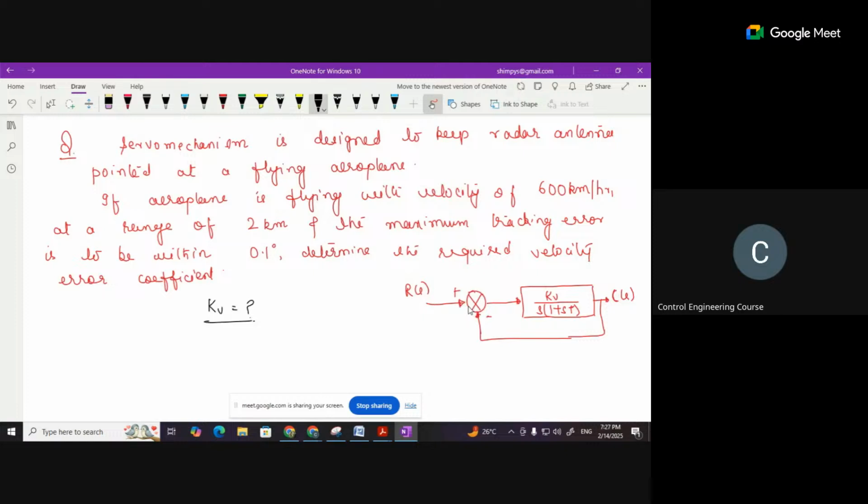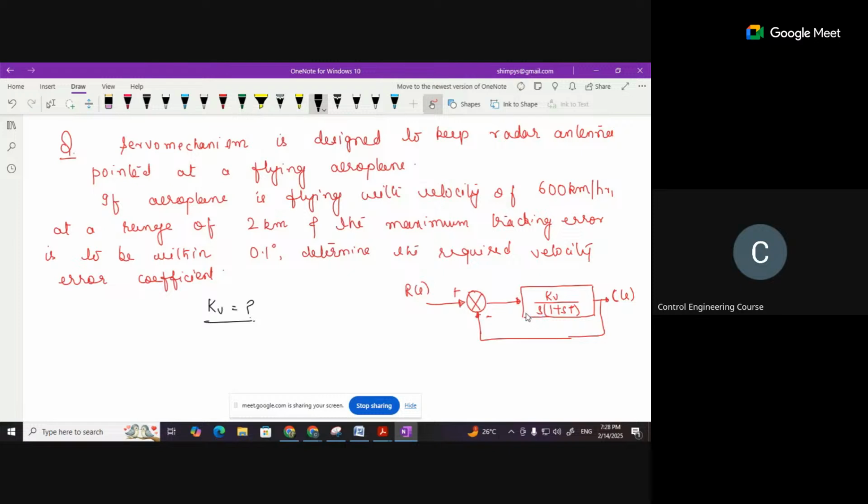This servo mechanism is given to us, and it is designed to track the flying aeroplane with the help of that radar antenna. But let's say I'm not given this transfer function, I just know this problem statement. No, you have to have this.